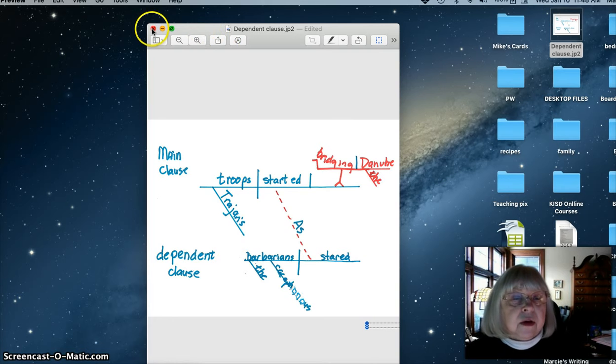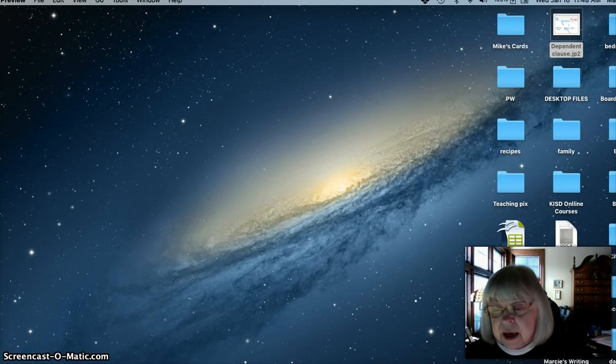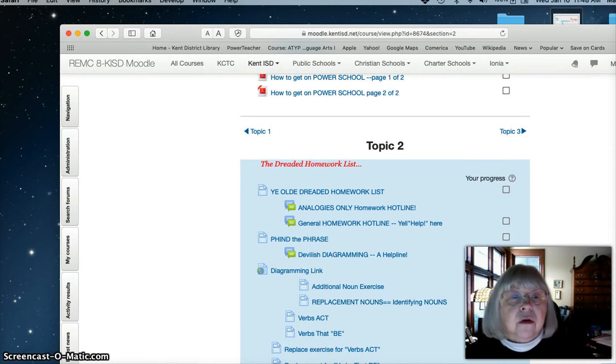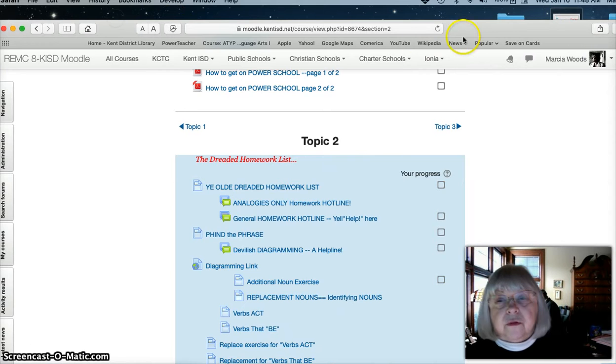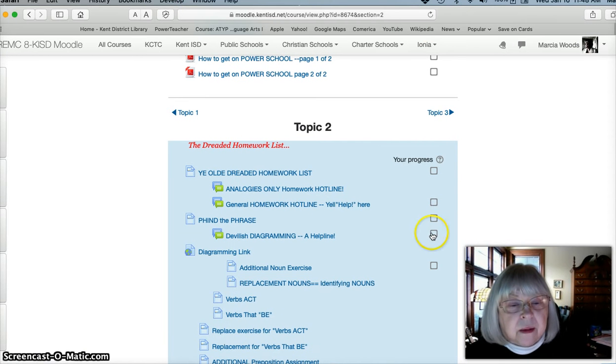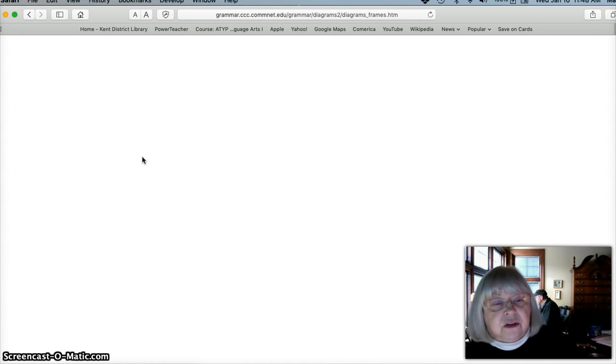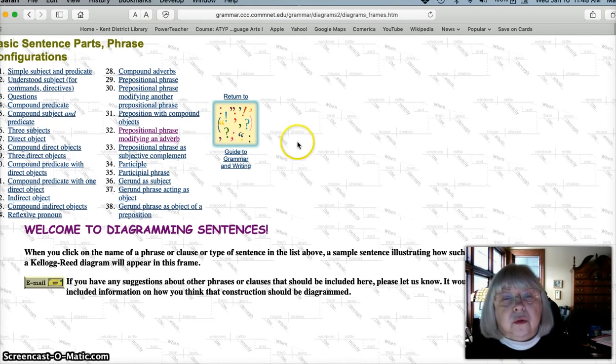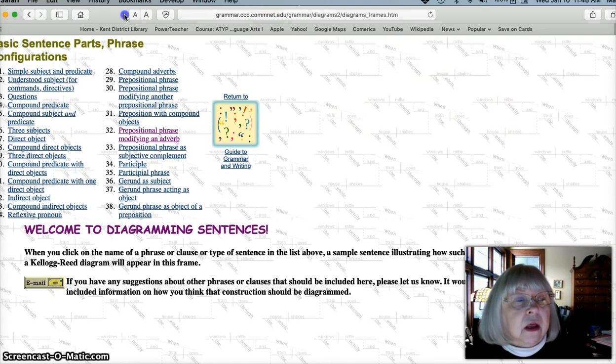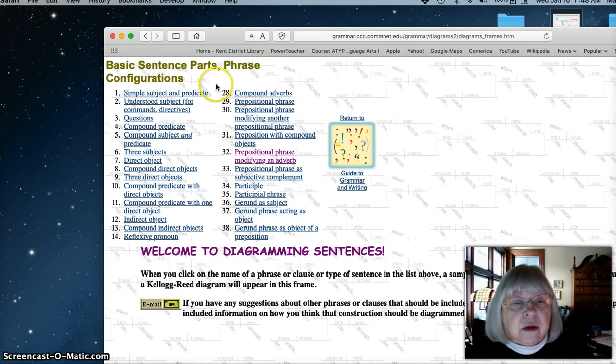Okay, I'm going to close this and bring up the world-famous Moodle. I don't know if you've checked this out, but in topic 2, you have a diagramming link, and it should connect us directly to a huge section of sample diagrams.